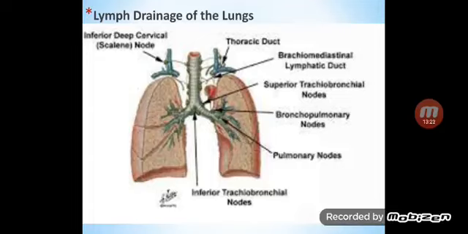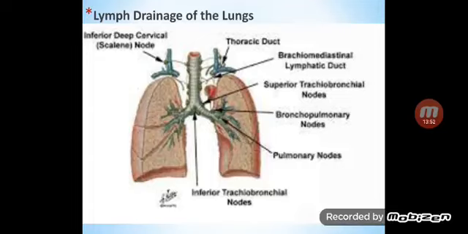So it drains the surface of the lung, and it drains into the hilum where the bronchopulmonary lymph nodes are. The bronchopulmonary lymph nodes are at the root of the lung, as you see here in this slide. This is for the superficial plexus.